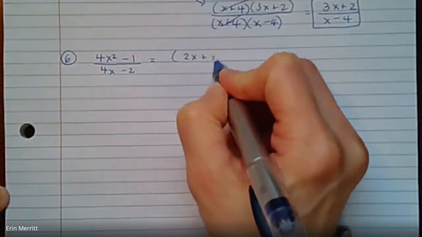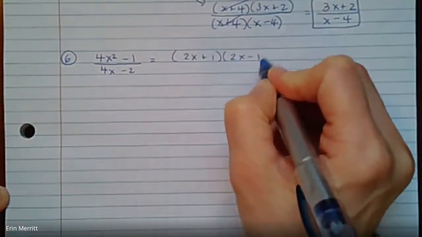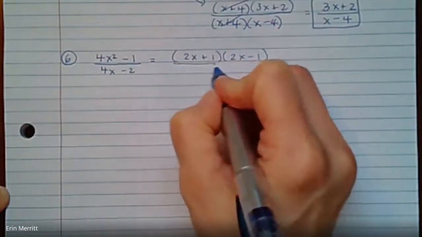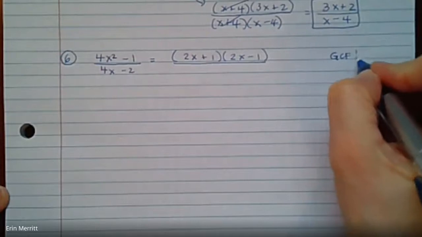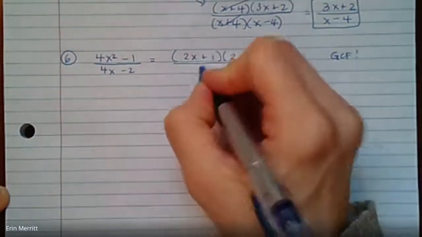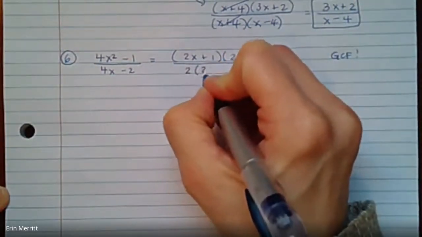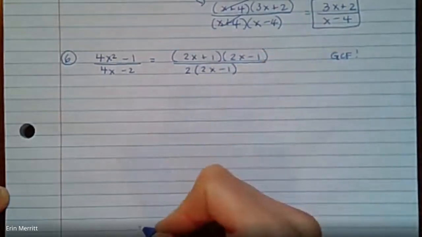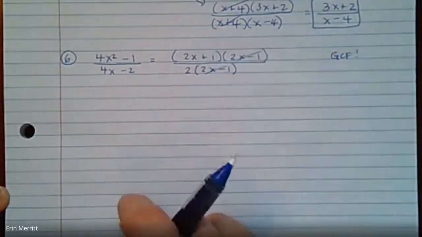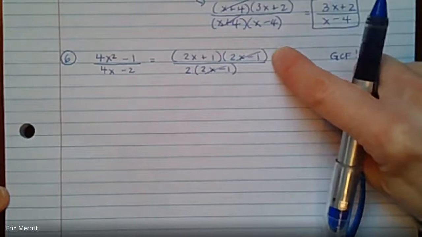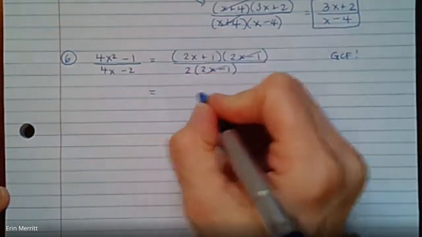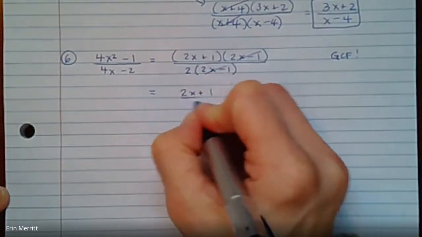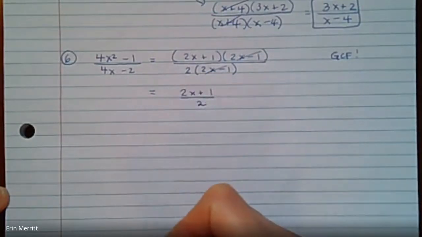We've got 2x plus 1 and 2x minus 1. In the denominator, don't forget, it's just a simple GCF. So if I take out a 2, I'll be left with 2x minus 1. And the nice thing is once you factor one part, it kind of helps you look for those common factors in the second piece. So this should then be 2x plus 1 all over 2.